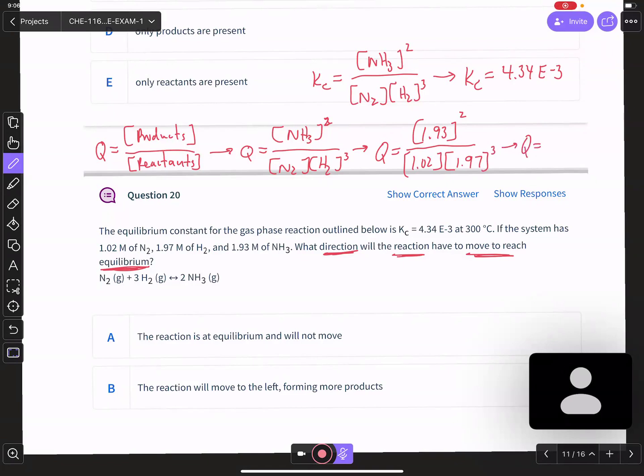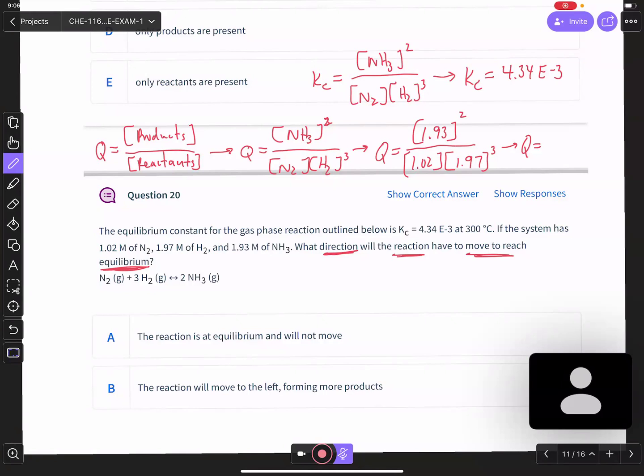Do some calculations here. 1.93, we square that, divide that by 1.02 times 1.97, raise that to the third.